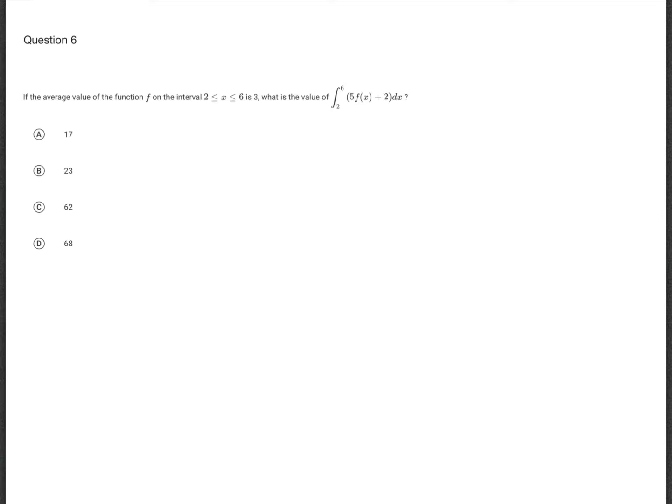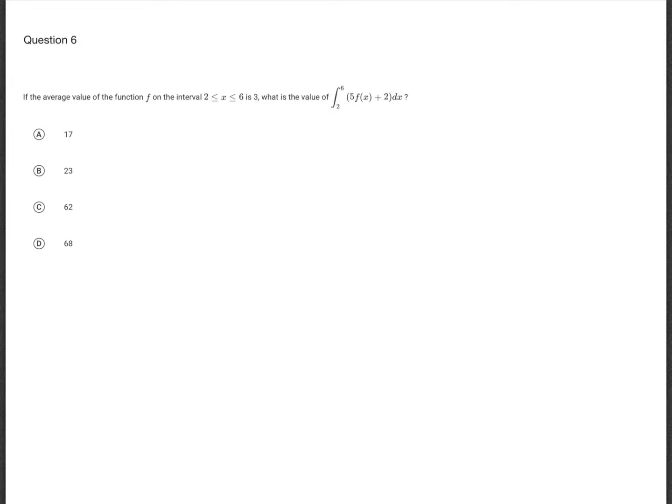Okay, for the next one, they say if the average value of the function f on the interval from 2 to 6 is 3, what's the value of that integral? Okay, so let's set up, according to this statement, we can get a little equation.